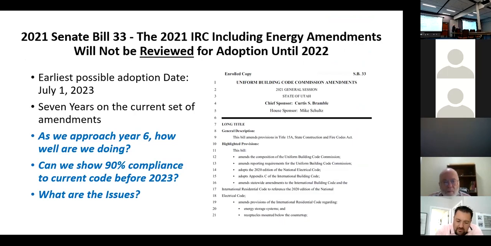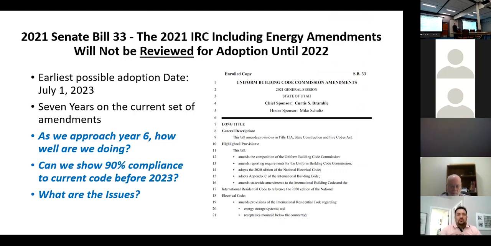Okay, now, some of you might have heard me in the past or heard others in the past say it's ridiculous. We didn't adopt the 18 code. We're not even going to look at the 21 code until next year, maybe adopted in 23, which means we're going to spend 7 years on the same residential code.